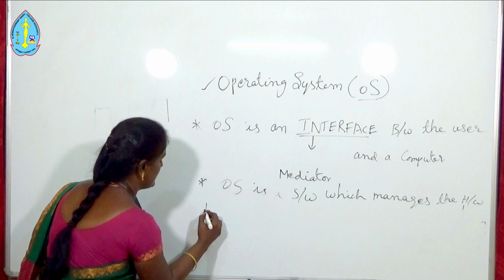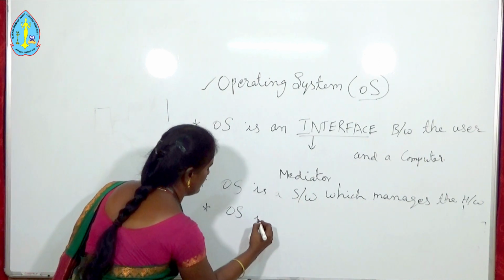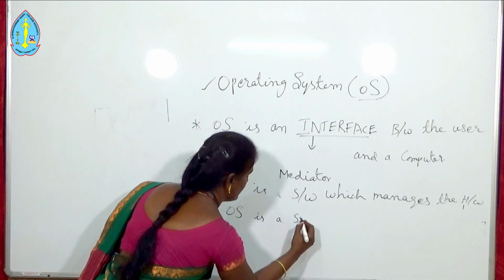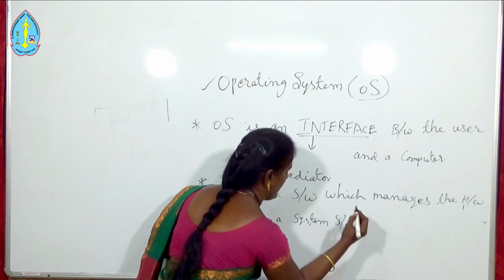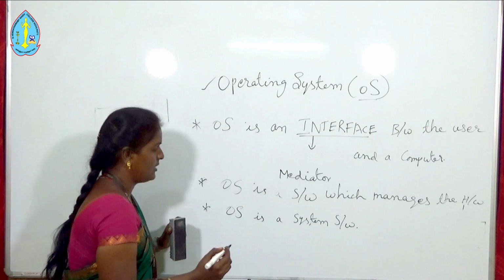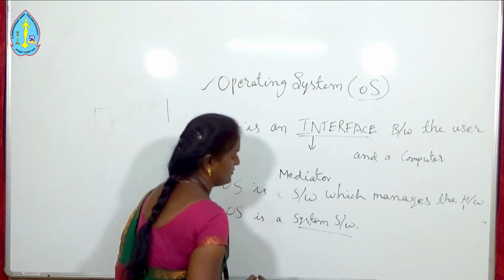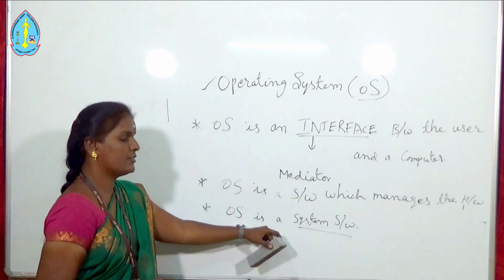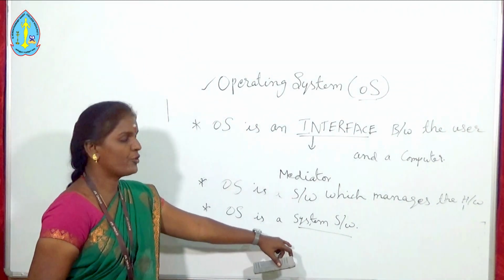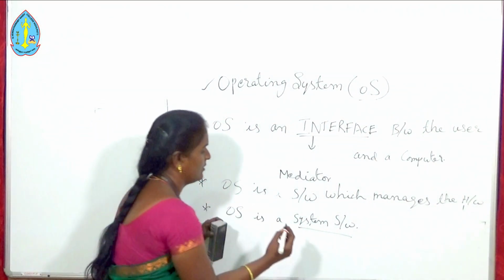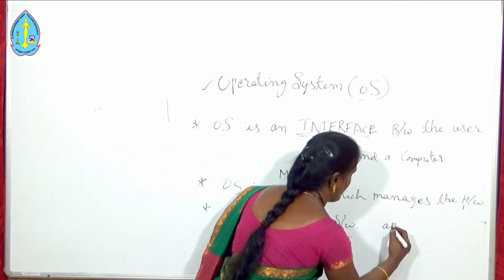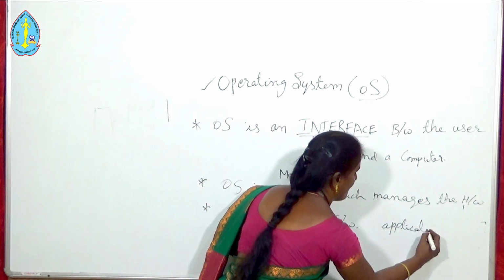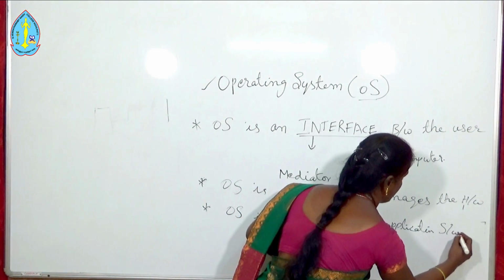Operating system is a system software. First we will see what is the system software. The system software manages the hardware to work properly. Another one is application software.